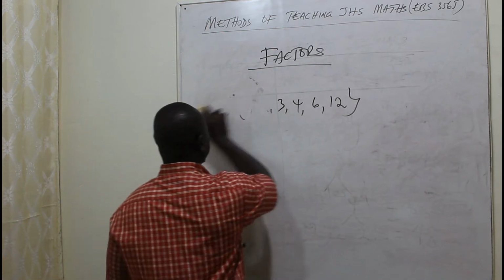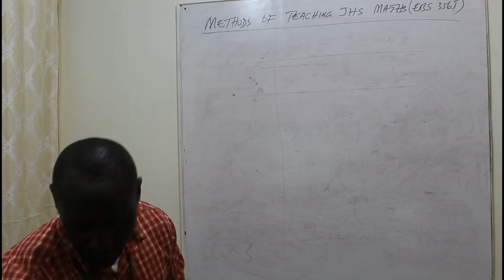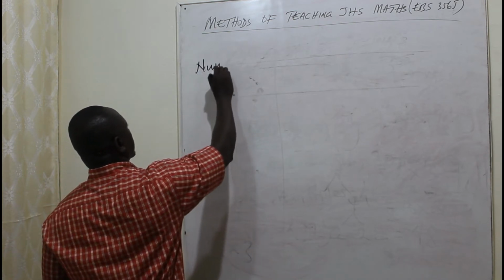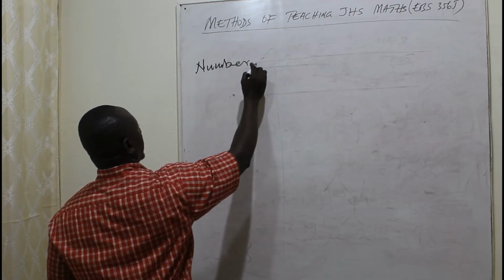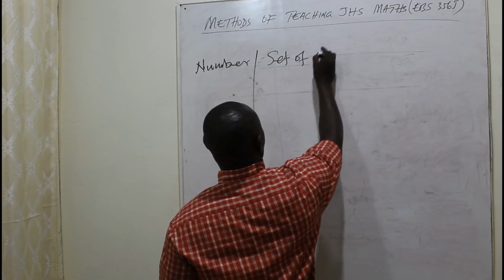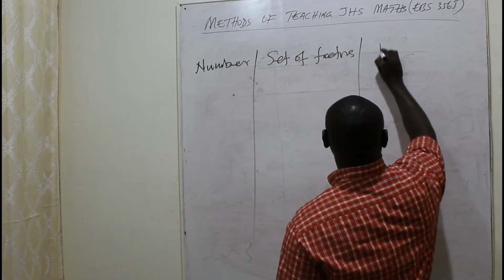Now I'm going to draw a table, and this table is going to guide us to get so many things out of it. We have a number here. We can talk about a set of factors. We can talk about a number of factors.